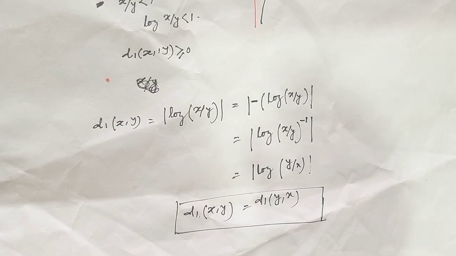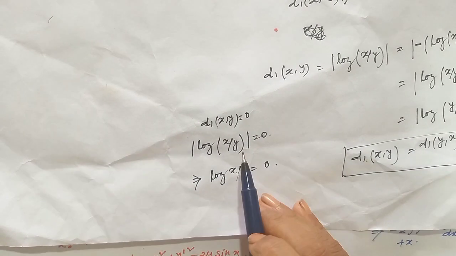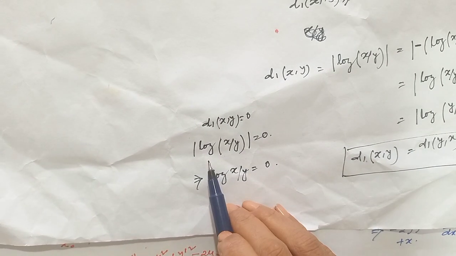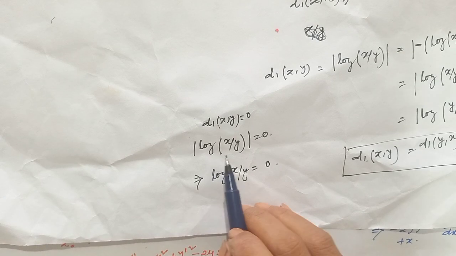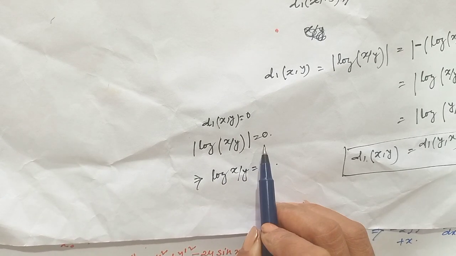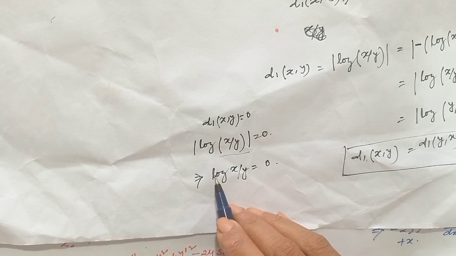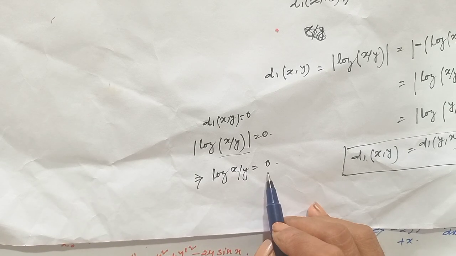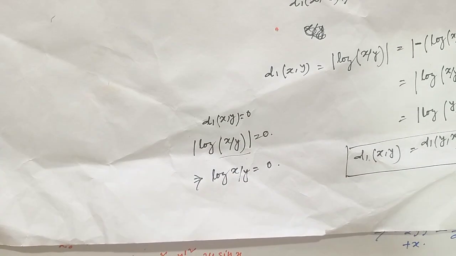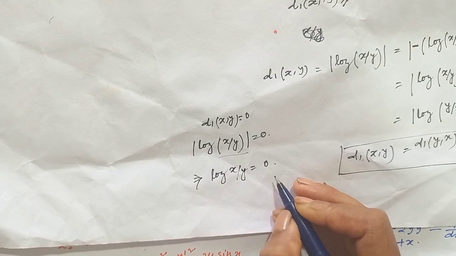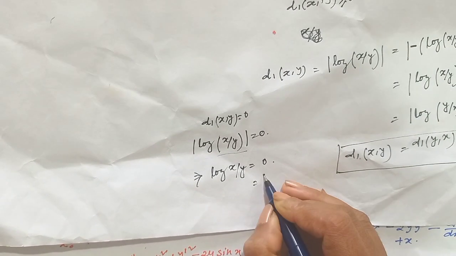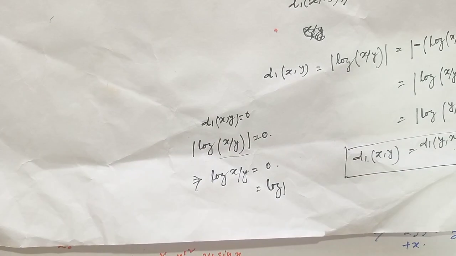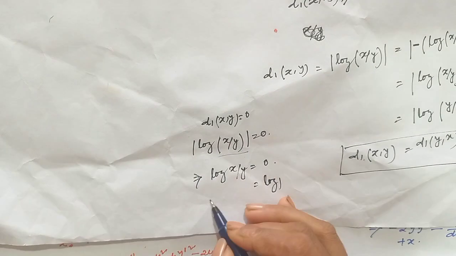Third property: when d1(x,y) = 0, that means the absolute value of log(x/y) = 0. That implies log(x/y) = 0, and the value 0 is the same as log 1, because all of us know log 1 equals 0.